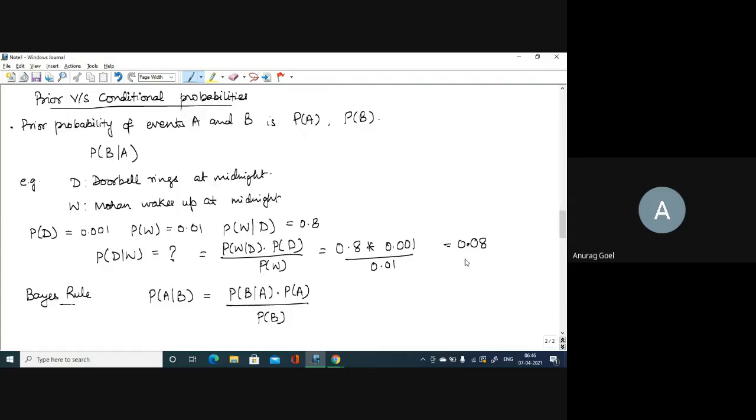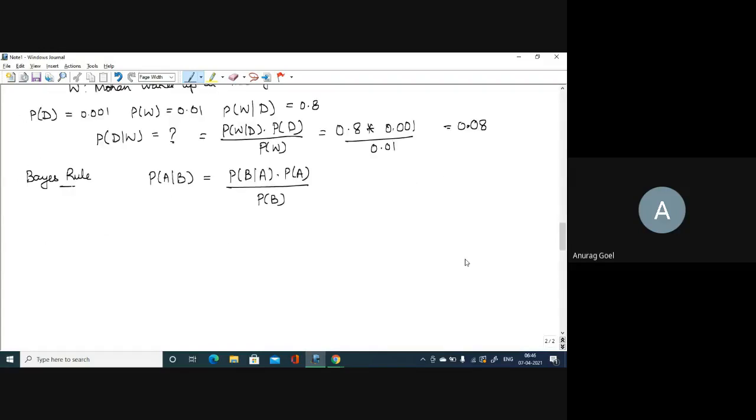Okay, and from here, using this Bayes rule, you see that P of A and B is equal to P of A given B into PB.